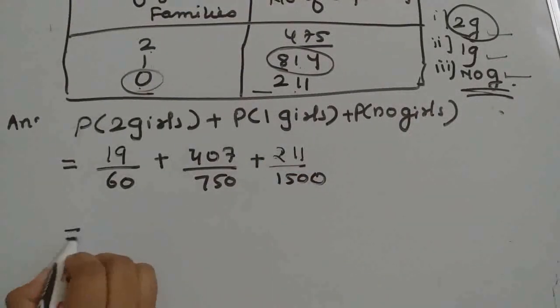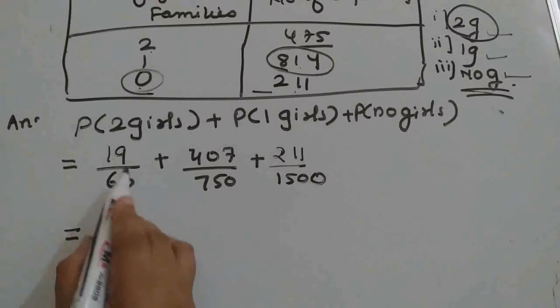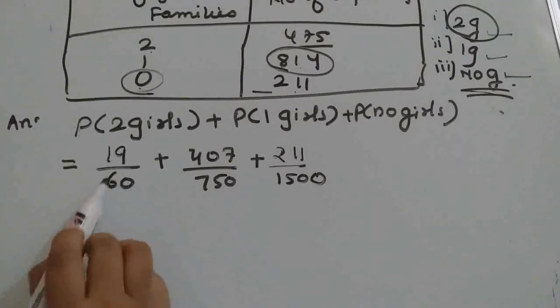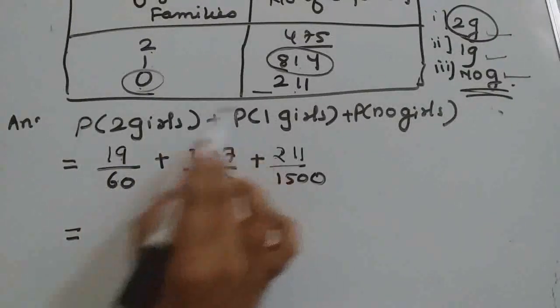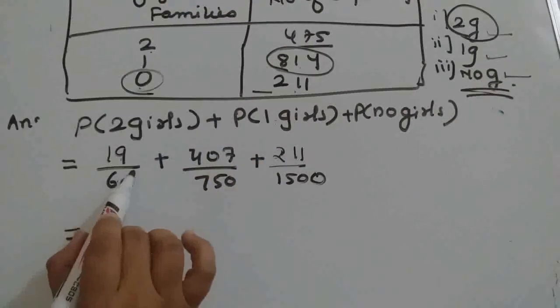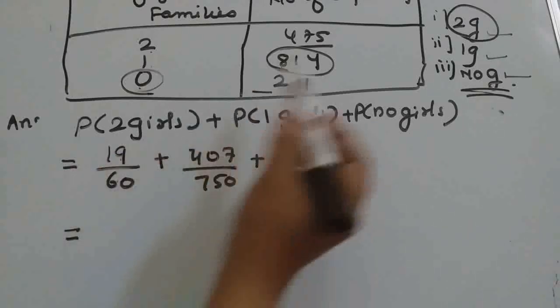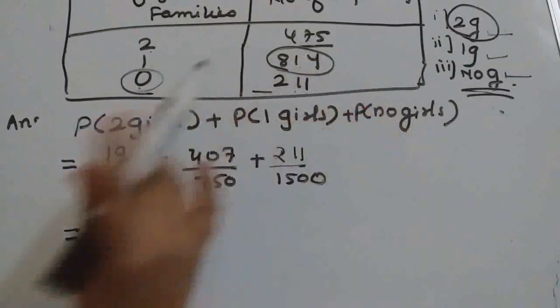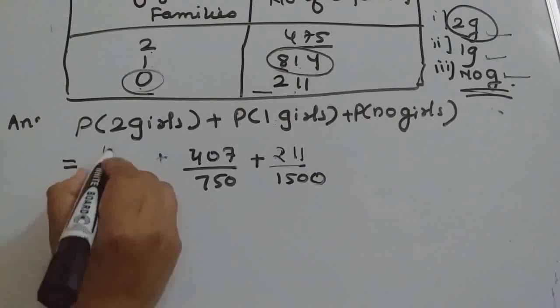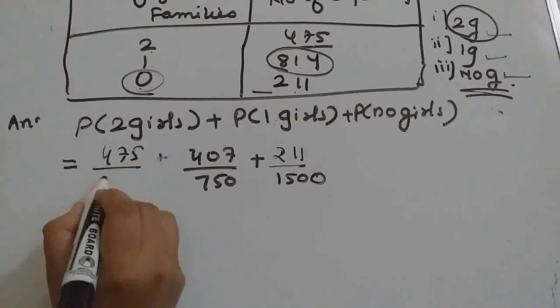Okay, so what we will do, actually, if we write it in the unsimplified form, that will be easy to find, because this we simplified: 475 we simplified to 19 by 60, isn't it?